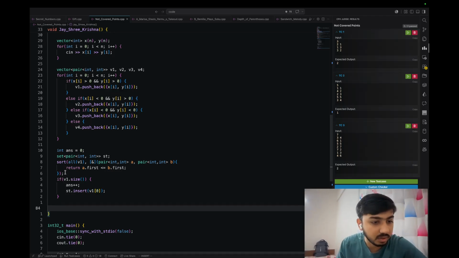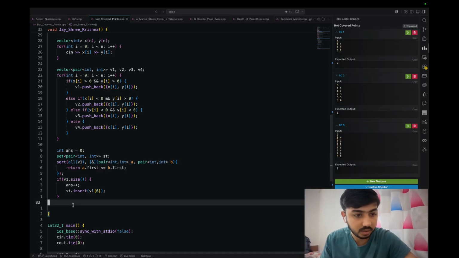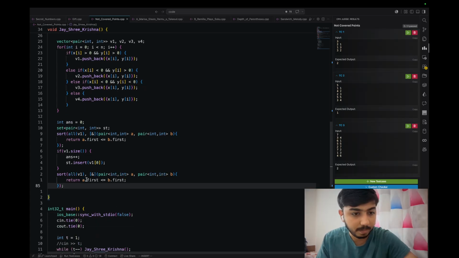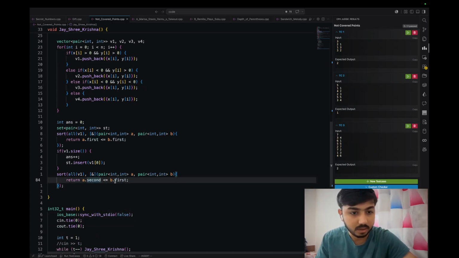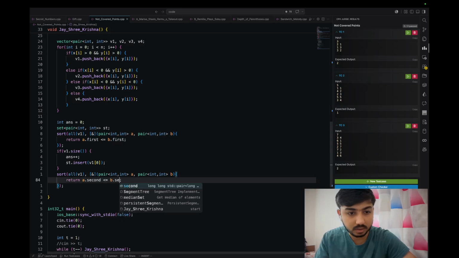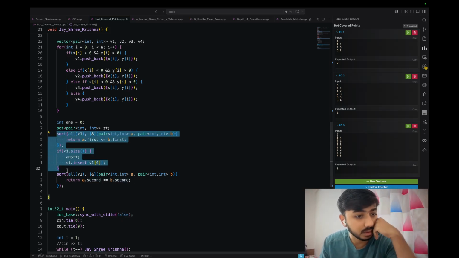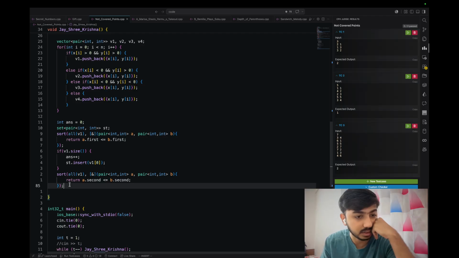Now we'll sort based on the y coordinate, dot second. Can we create a function? It's a repetitive task for us.